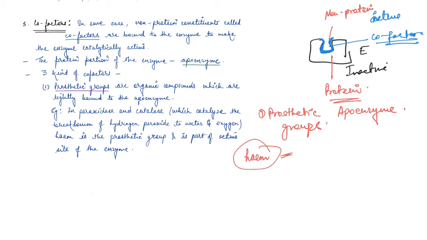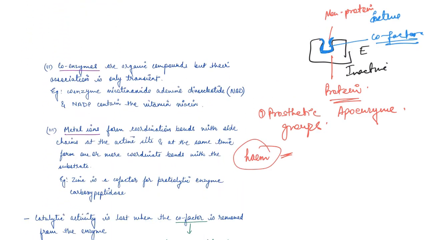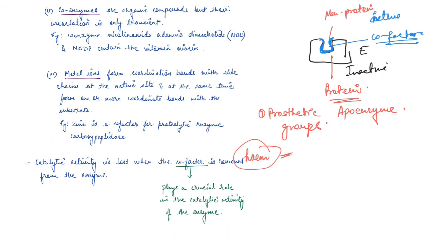Now the second one are coenzymes. So coenzymes again are organic compounds, but their association with the apoenzyme is only transient. So basically that occurs during the course of catalysis, right? Apart from that, coenzymes serve as cofactors in a number of different enzyme catalyzed reactions.